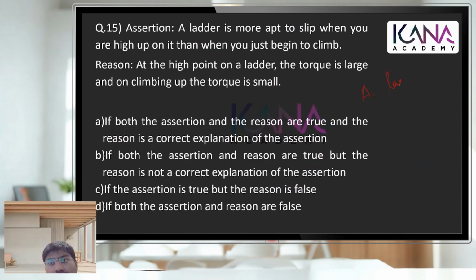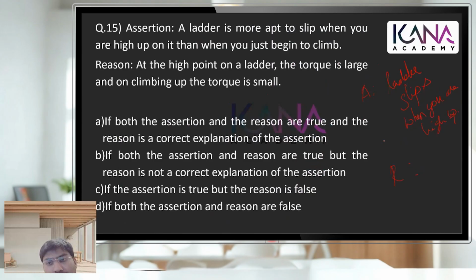And the reason says that when a person is high up on a ladder, there is a large torque due to his weight about the point of contact, whereas when he starts climbing up, the torque is small. So the ladder is more apt to slip when one is high up on it.